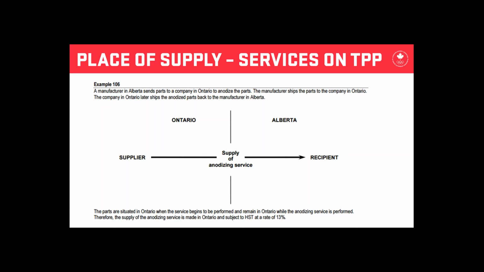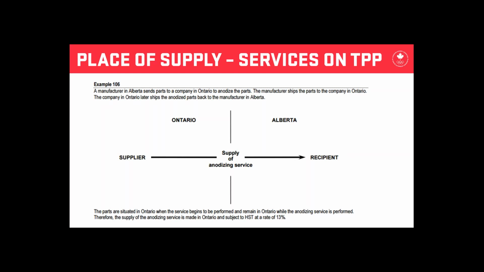The manufacturer ships the parts to the company in Ontario. The company in Ontario later ships the anodized parts back to the manufacturer in Alberta. So, in summary, somebody from Alberta sends parts to a company in Ontario where work is done on them and they're shipped back to Alberta.